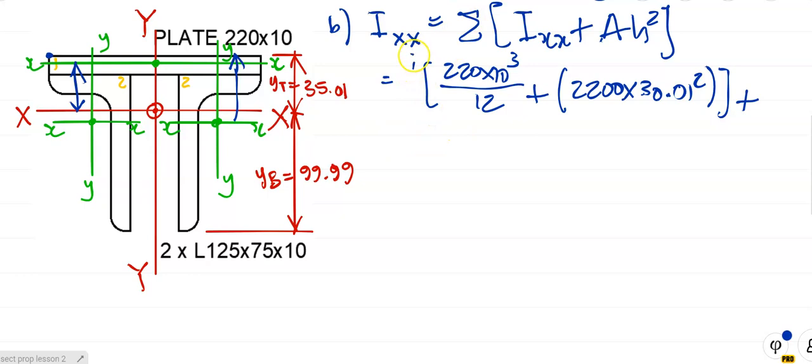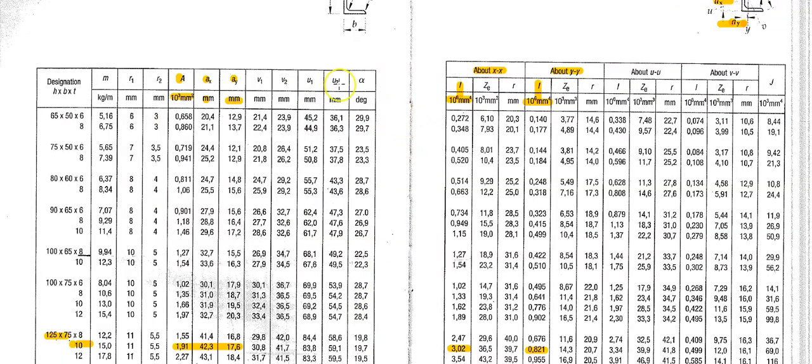Oh, that's element 1. I forgot to put it in. Doesn't matter, but just to tell you. Element 2. Right. Now, notice the x-axis of the steel angle is parallel to the x-axis. So we go to the steel table, and we go to that one over there, and we go to IXX.